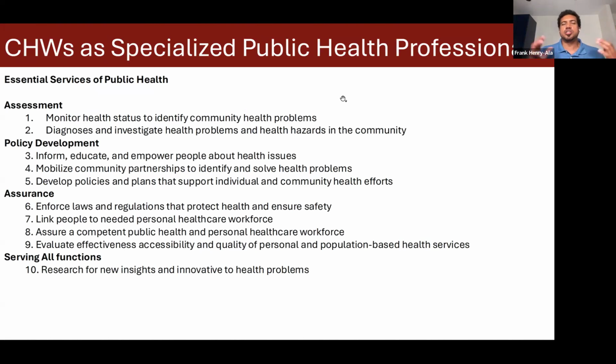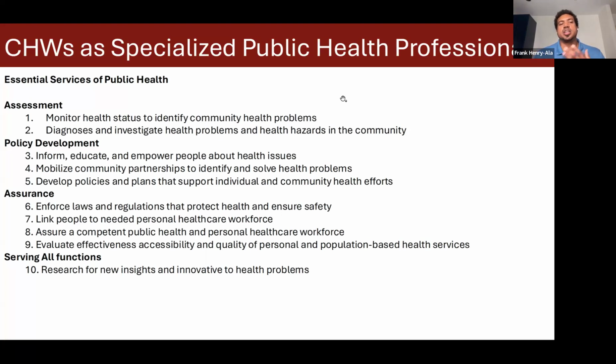So the essential services, there are 10 of them. Monitoring health status to identify community health problems, right? To diagnose and investigate health problems and health hazards in the community. That's all in the assessment piece. The policy development piece is inform, educate, and empower people about health issues, mobilize community partnerships to identify and solve health problems, and develop policies and plans that support individual and community health efforts.